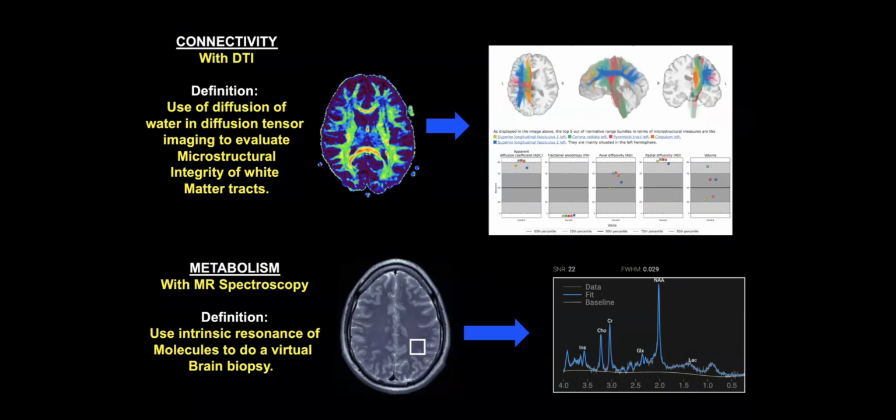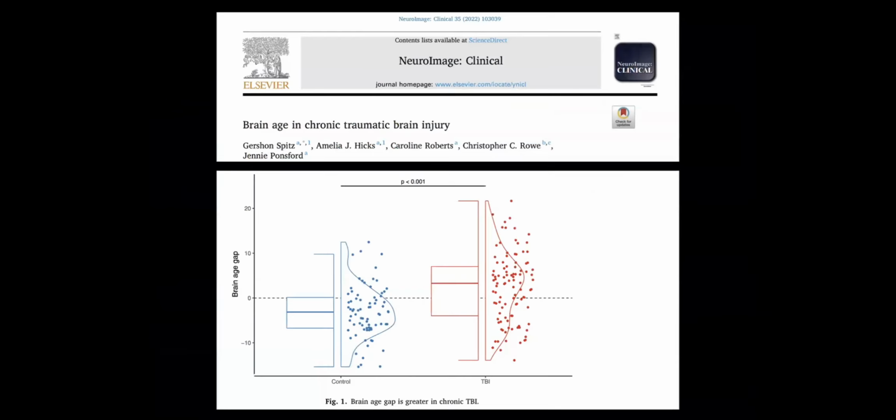So we've talked about, with measurable or quantitative imaging, structure, connectivity, and metabolism. But even from data like structural scans, we can look at other features that can help us understand the extent of disease. So for example, we can look at something called brain age.